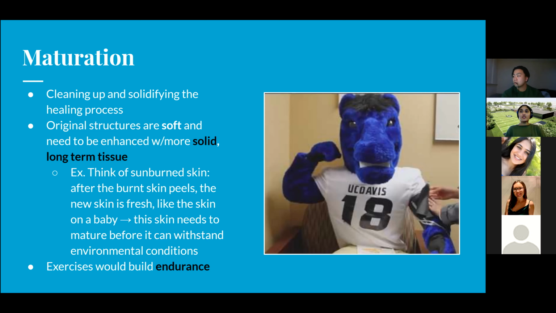Generally, exercise in this maturation phase would build endurance. In the maturation phase, we typically allow athletes to start going into more sports specific drills, where we're retraining their body to adapt to their sport, right? Because we want to make sure that the athlete doesn't just heal, but can actually go back to those practices, go back to those Division I level games.